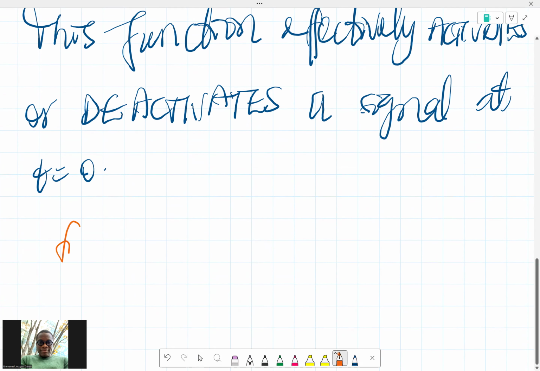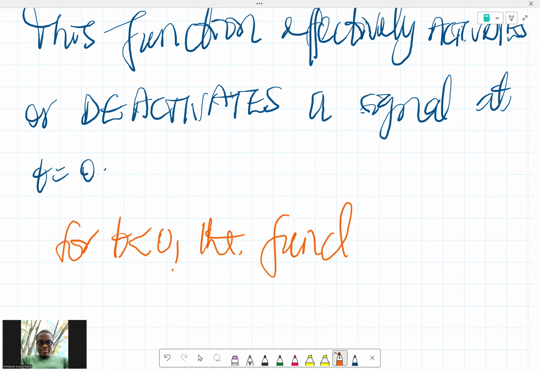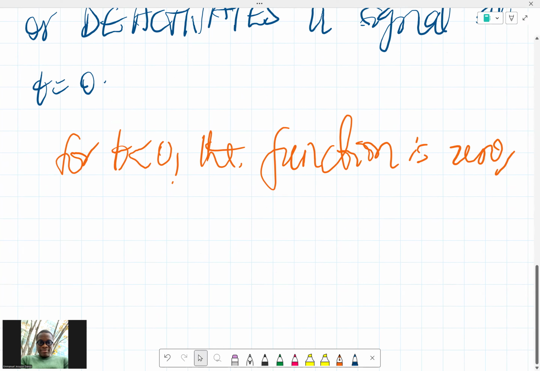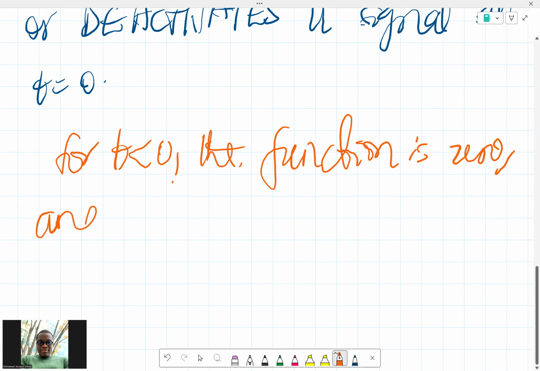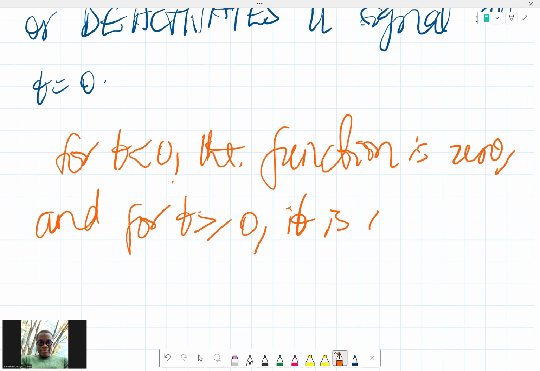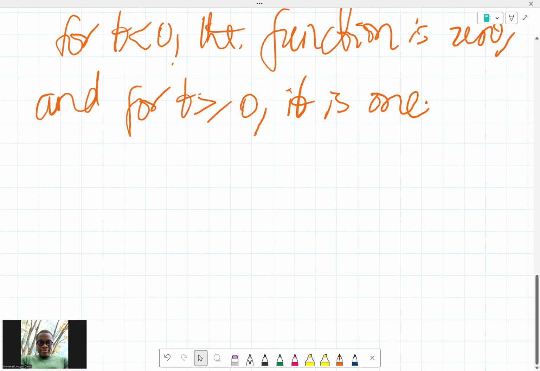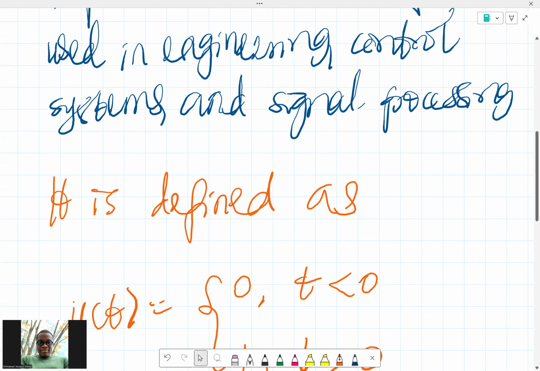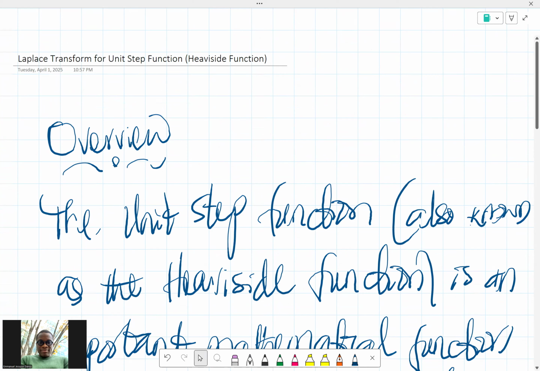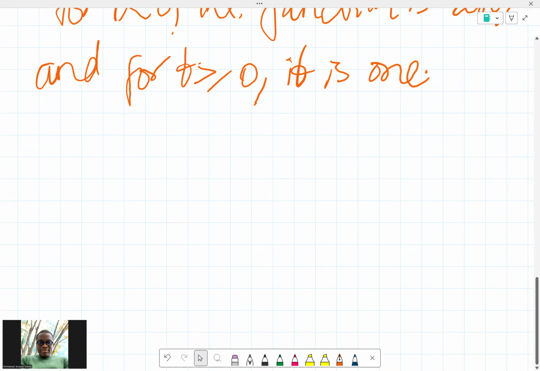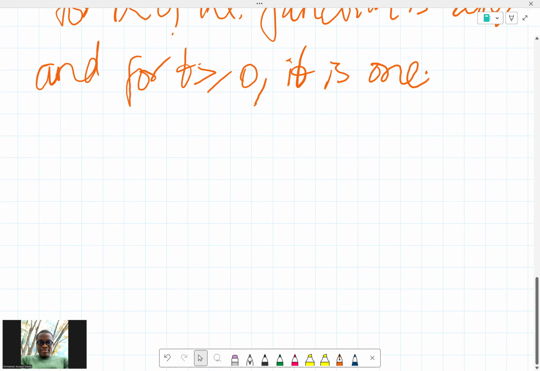For t less than 0, the function is 0, as we saw already. And for t greater than or equal to 0, it is 1. Okay, now that is the unit step function, or the Heaviside function. So it's about activation depending on the value of t around 0.